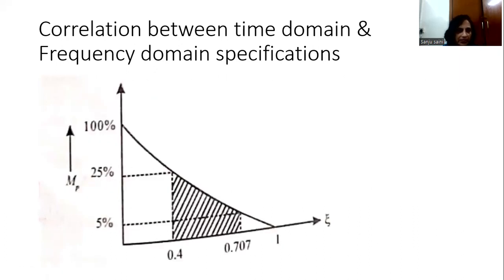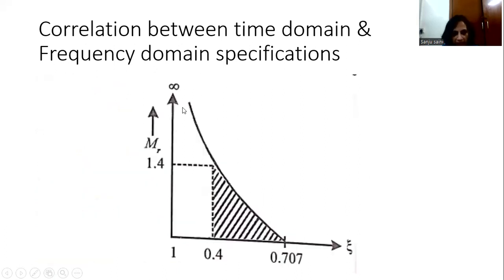We can see this is zeta, and with zeta, MP is varying like this. This is the variation of the peak overshoot with the damping ratio. Similarly, we can have a similar variation of MR with the damping ratio.